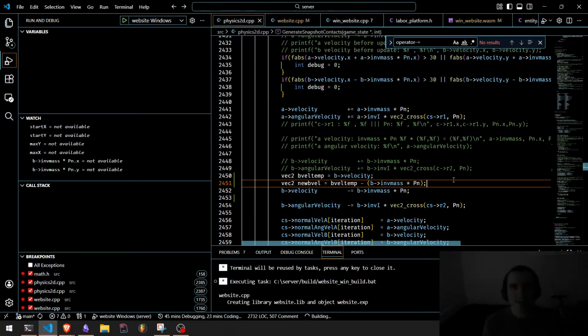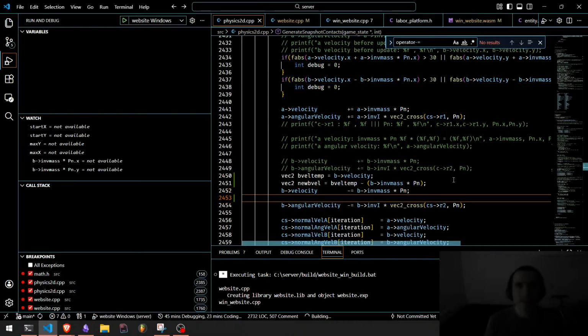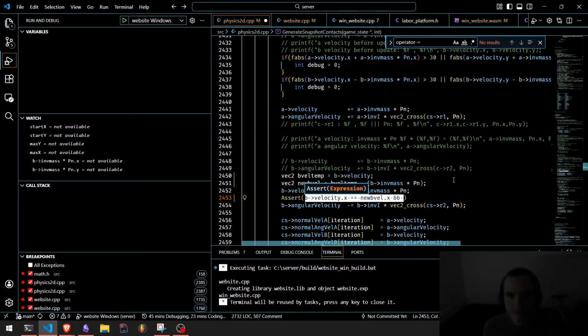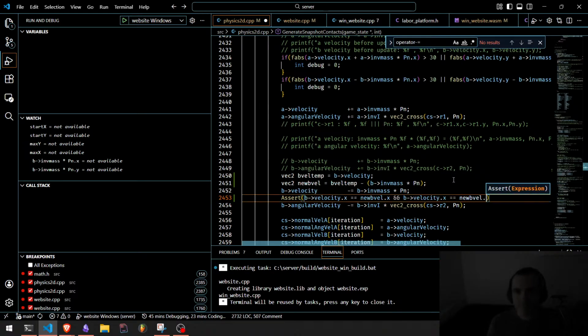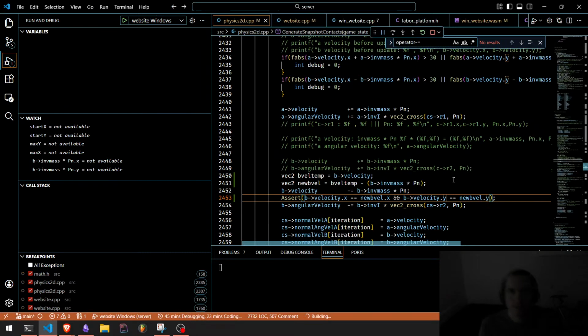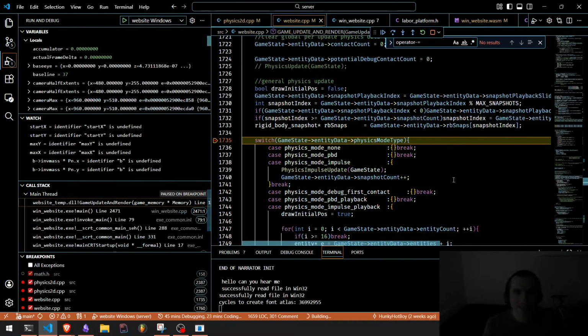Let's see if that compiles. And we're just gonna assert velocity dot x equals new b val dot x, and same for y. It will crash as soon as those aren't right.